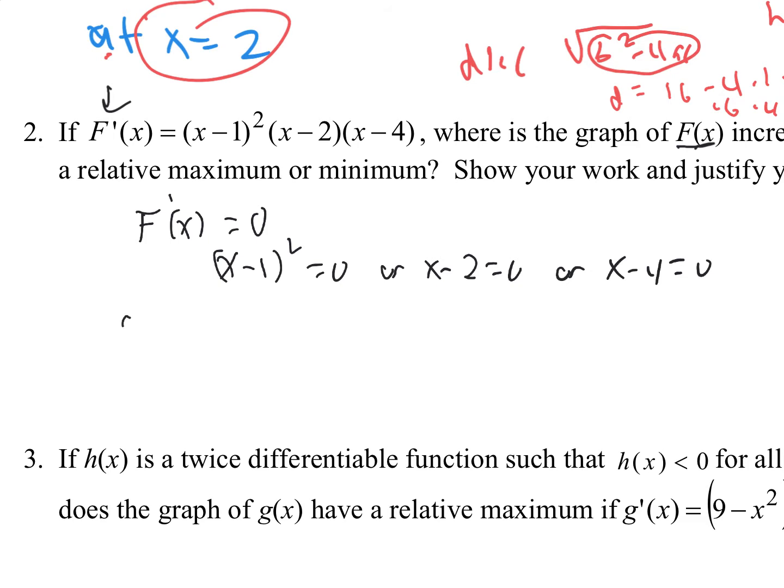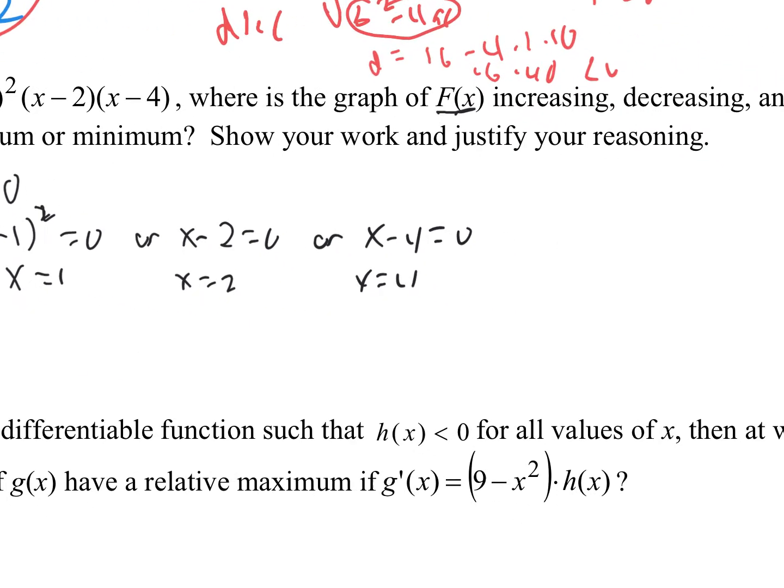So my critical numbers occur, and there's no denominator, so there's no undefined. If I square root both sides, I still have a 0, because plus or minus 0 is still 0. X could be 1. X could be 2. X could be 4.